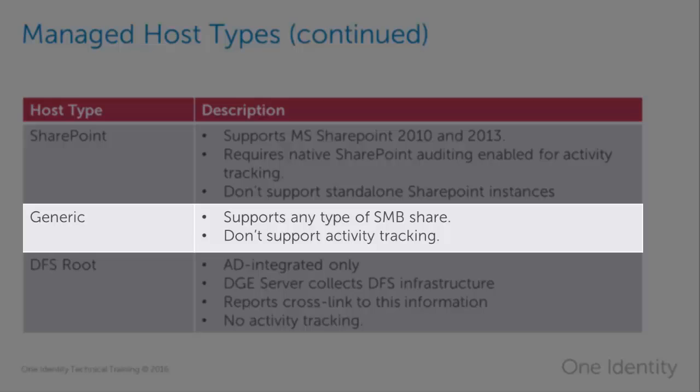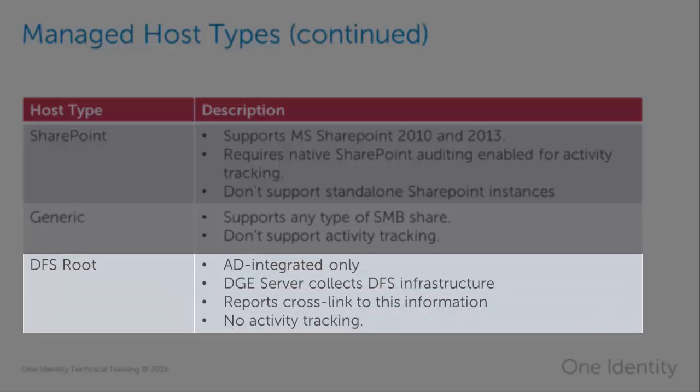So there's a big limitation into what generic can support. However, if you do have some device that you're only interested in scanning the SMB-based security, then that option is there.